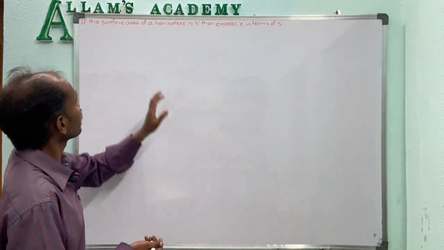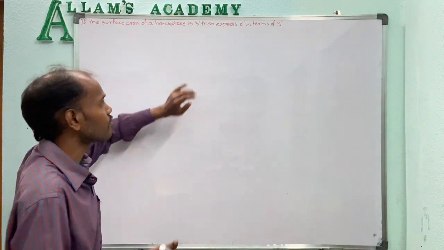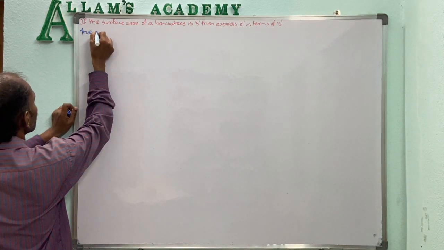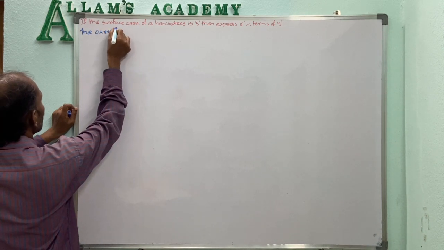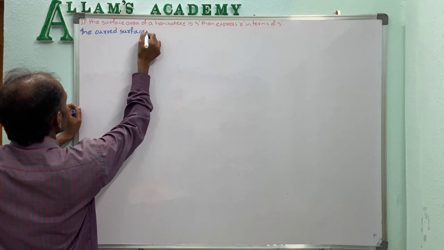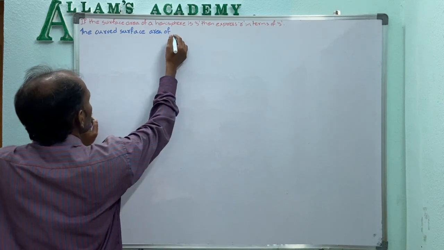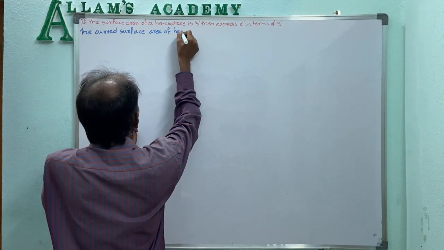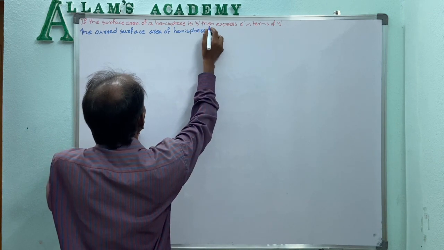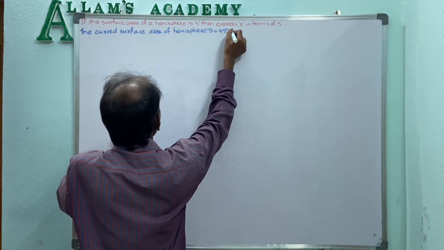So here the curved surface area of the hemisphere is expressed as S. So S equal to 4 pi r square.